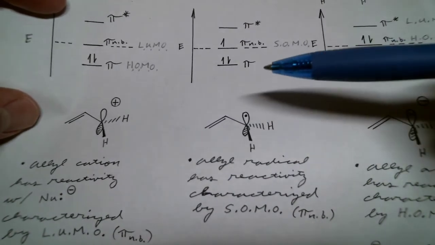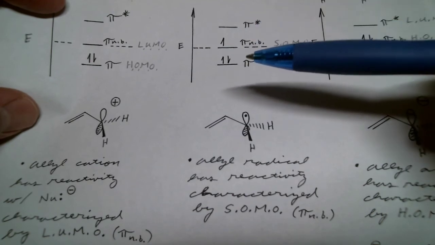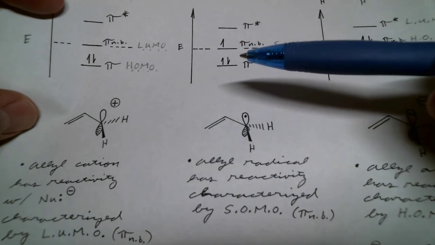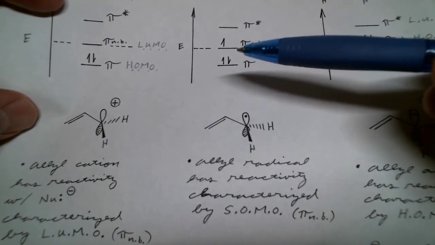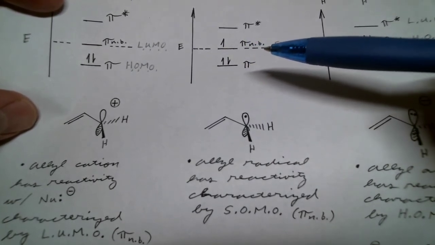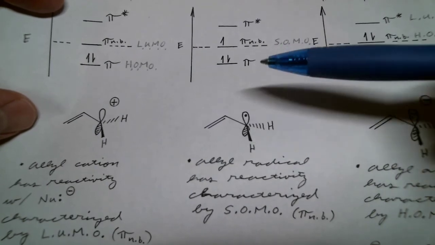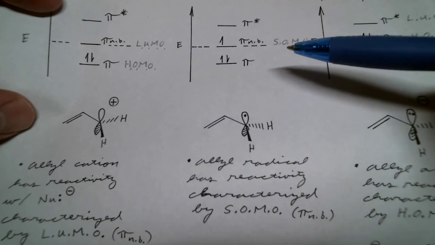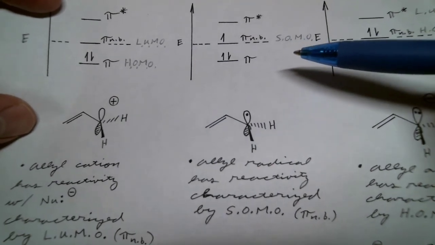So as we fill that molecular orbital diagram, we put two in the lowest molecular orbital, and we have three total. So we put our other electron in this pi non-bonding, which gives us the lowest energy state of our allylic radical. We call that a singly occupied molecular orbital, a SOMO.